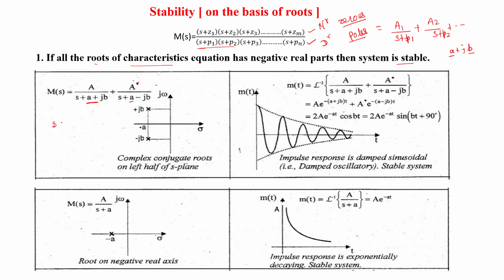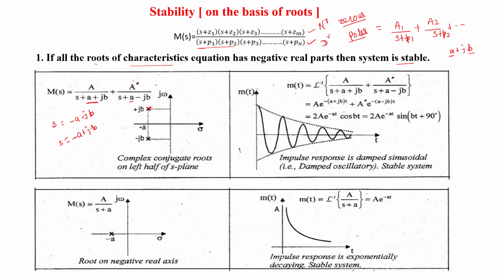So the solution will be s equal to minus a minus jb, and the other solution for the second one will be s equal to minus a plus jb. So we are getting these points. These poles are represented with the help of a cross. This is one pole, this is another pole, so it has complex conjugate roots.